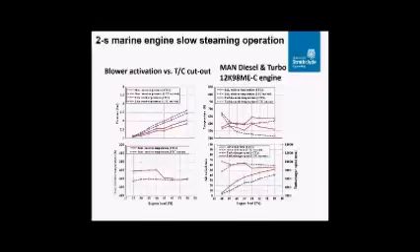With the cutout of one turbocharger for slow steaming, the operator has the option to disable one of the engine turbochargers. So here we have the comparison of engine parameters in these two cases for engine loads below 50%.